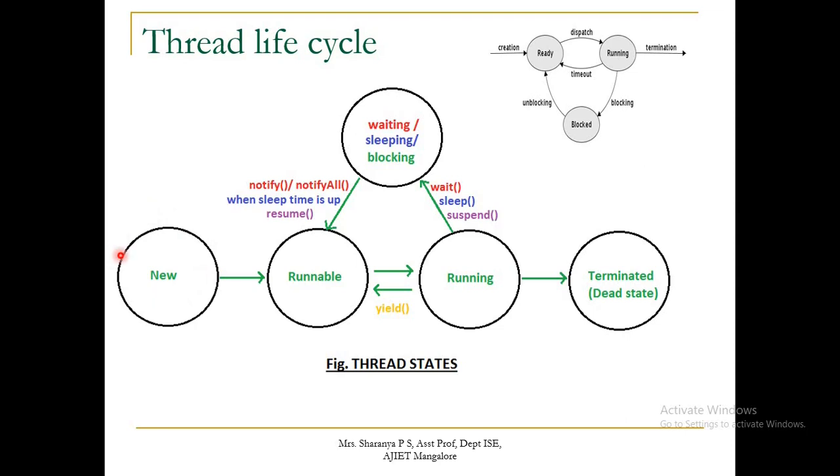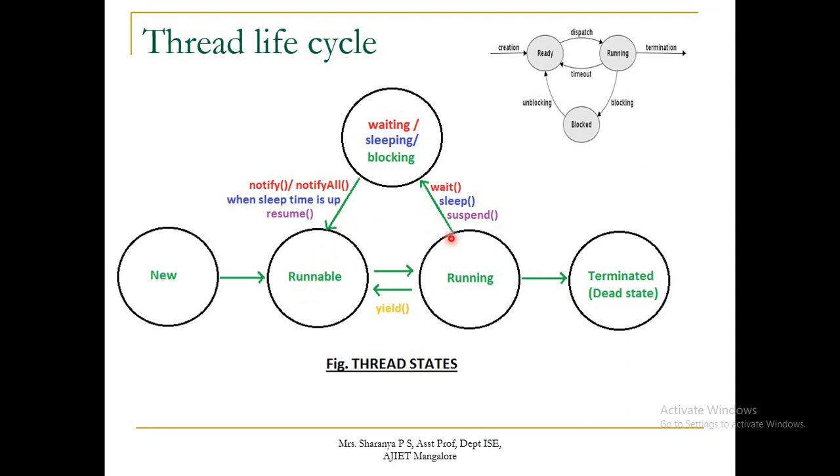The thread is created with the start function, and soon after creation it is in this new state, and then it moves to the runnable state. The runnable state is where it is ready to be executed by the CPU. It is waiting for some resources, and once obtained, it goes for execution.